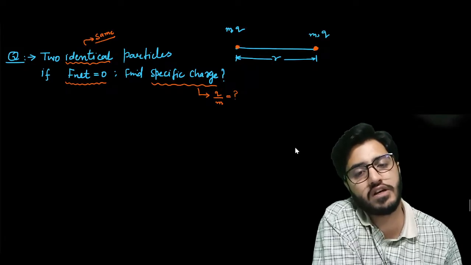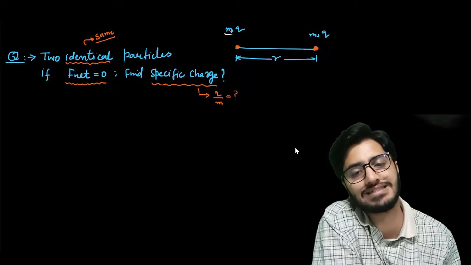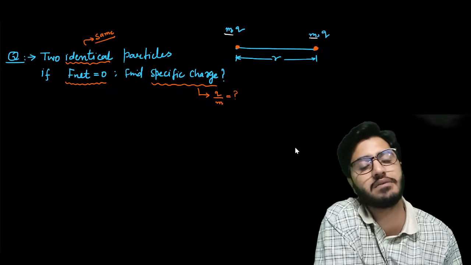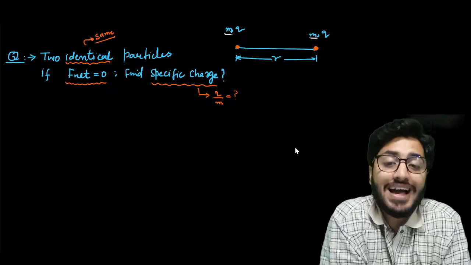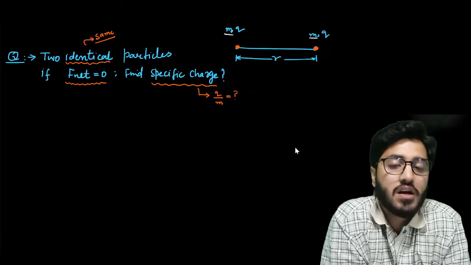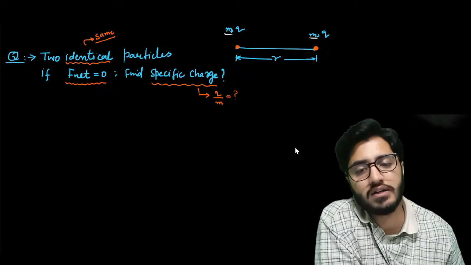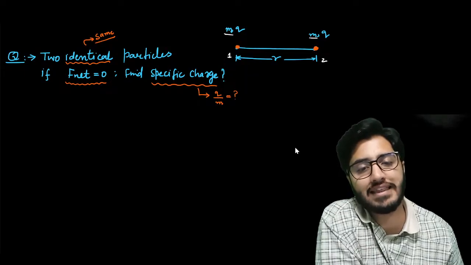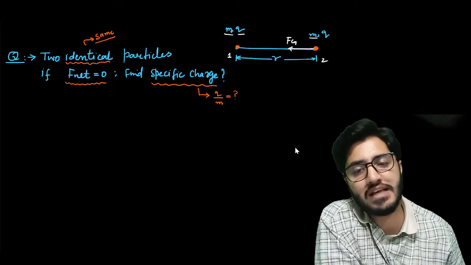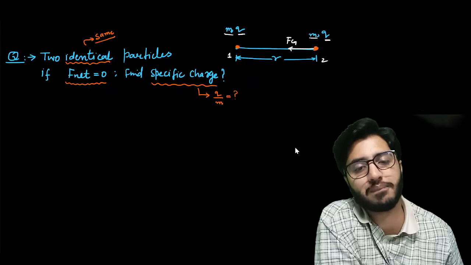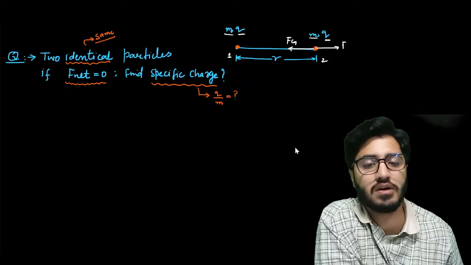We know that if we have two masses, in between the masses there will be an attraction, Newton's law of gravitation. So this one will attract the second one. So there will be force due to gravity. Look, we have same charges, so there will be a repulsion. This will be force due to Coulomb.